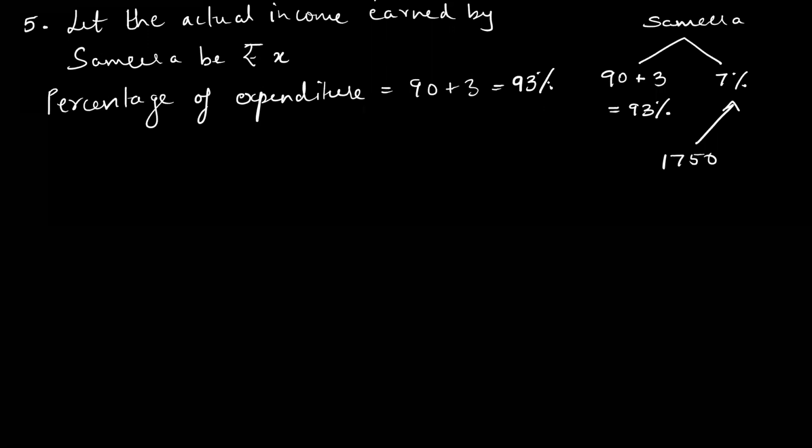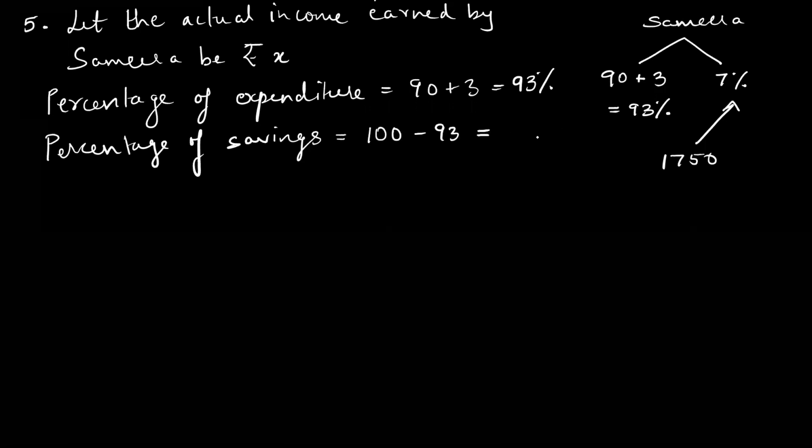Then percentage of savings is 100 minus 93, which is equal to 7%. Savings is equal to rupees 1750.